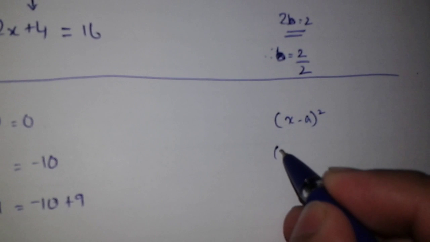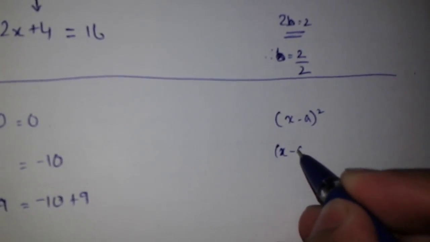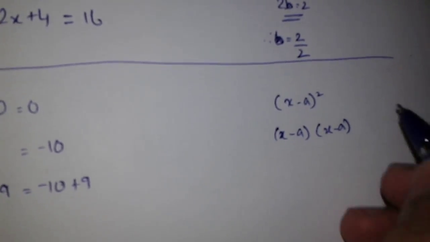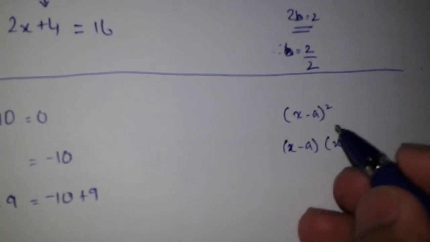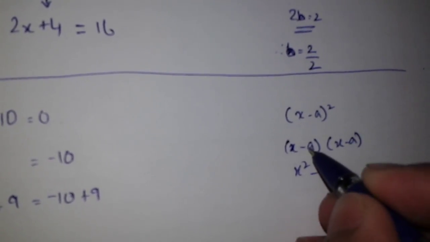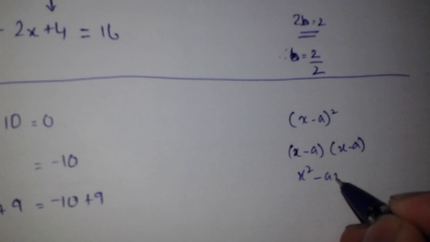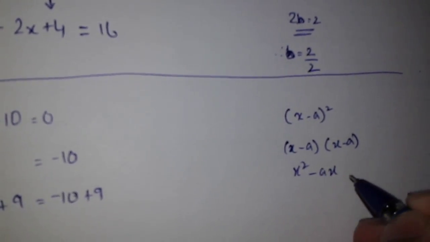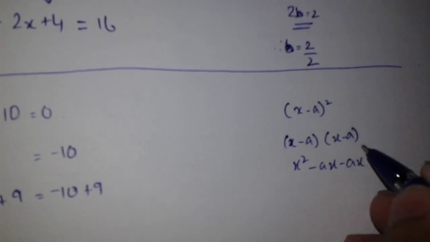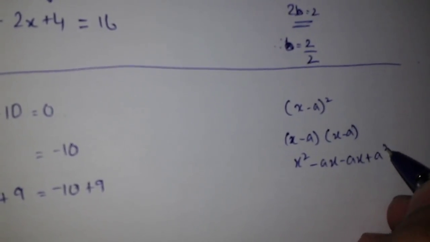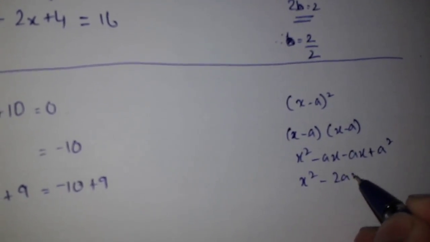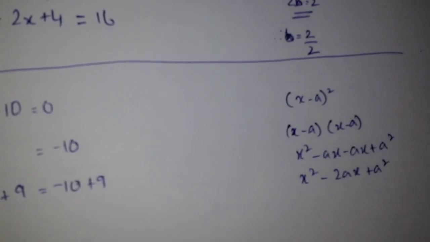When you expand this, we get x minus a times x minus a, right? Then when you expand it further, we get x squared minus a times x, which is ax, then a times x again, which is ax again, and then minus a times minus a, we get plus a squared. Then we get x squared minus 2ax plus a squared.